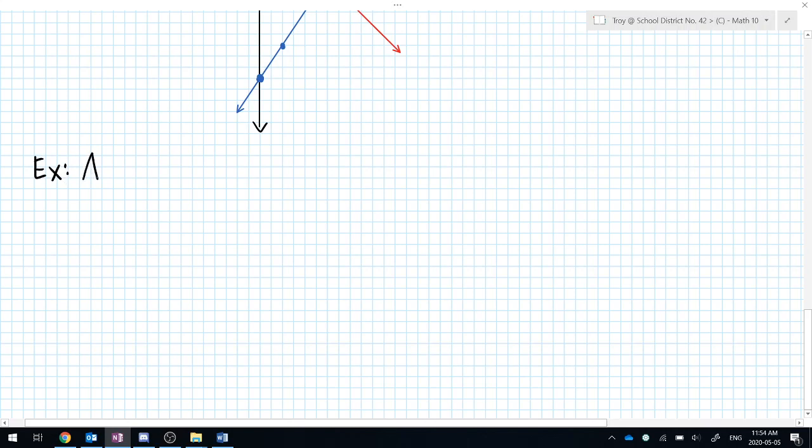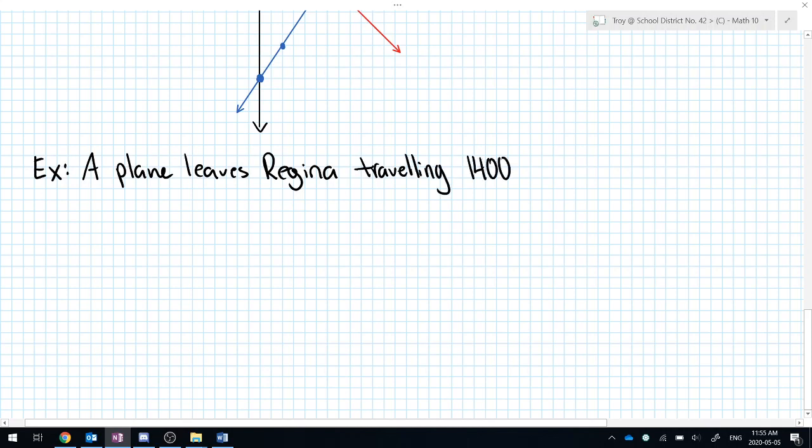A plane leaves Regina traveling 1,400 miles to Ottawa at a speed of 400 miles per hour.